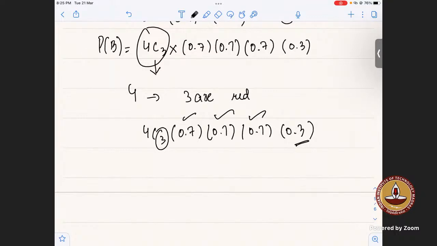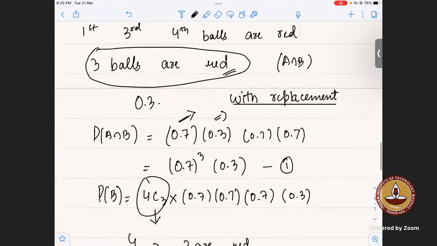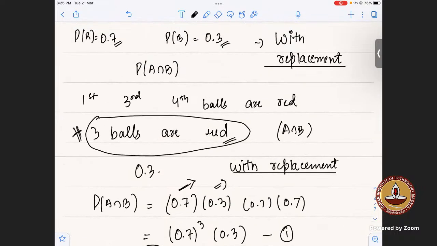Now we have 3 red balls and 1 black ball. What is the probability? That is basically 0.7 into 0.7 into 0.7 into 0.3, right? From the 4 balls that we choose, we are choosing 3 balls to be red. That is basically event B. That is how event B has been defined here.